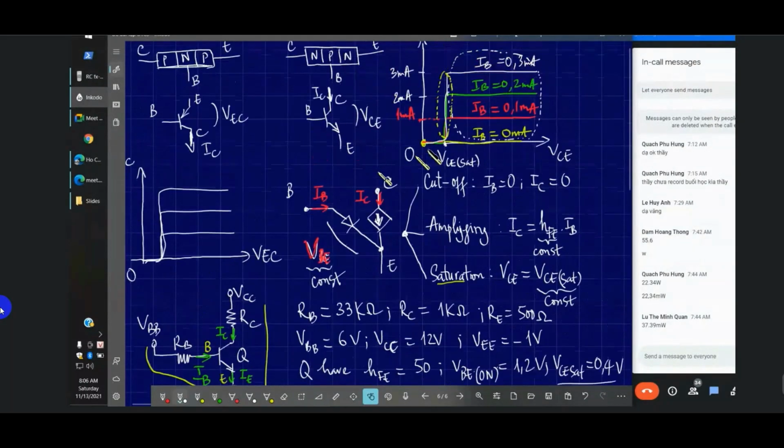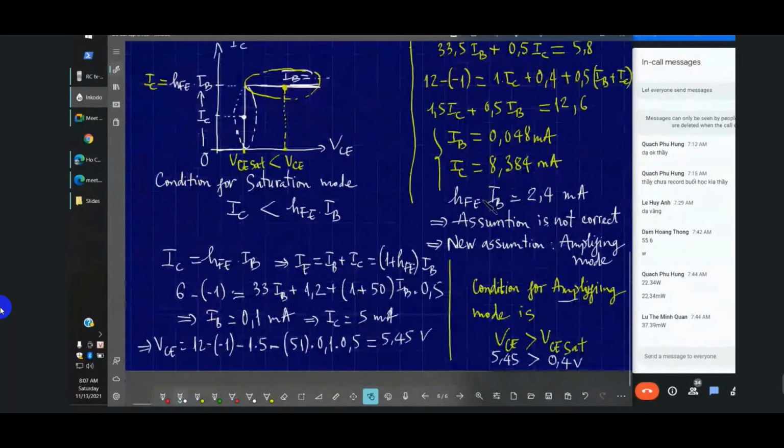And if IB is not 0, then it would be operating in either saturation or amplified mode.